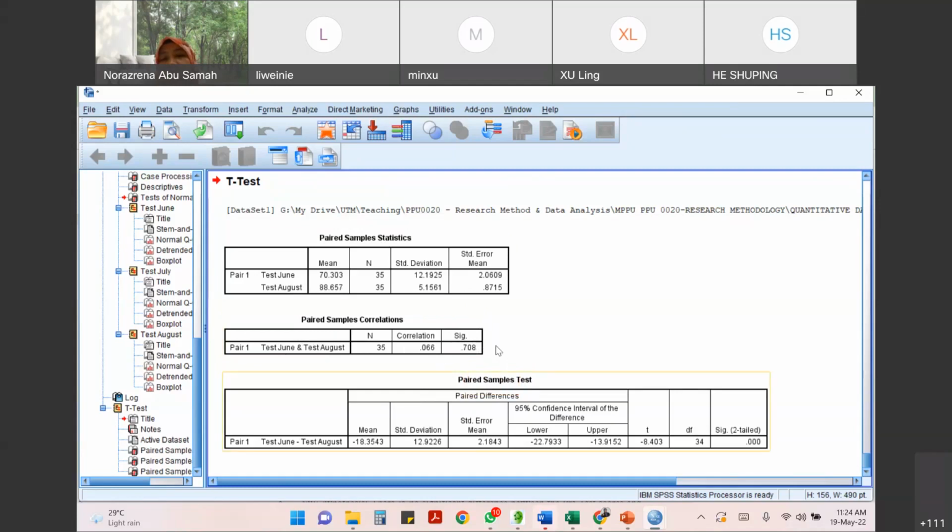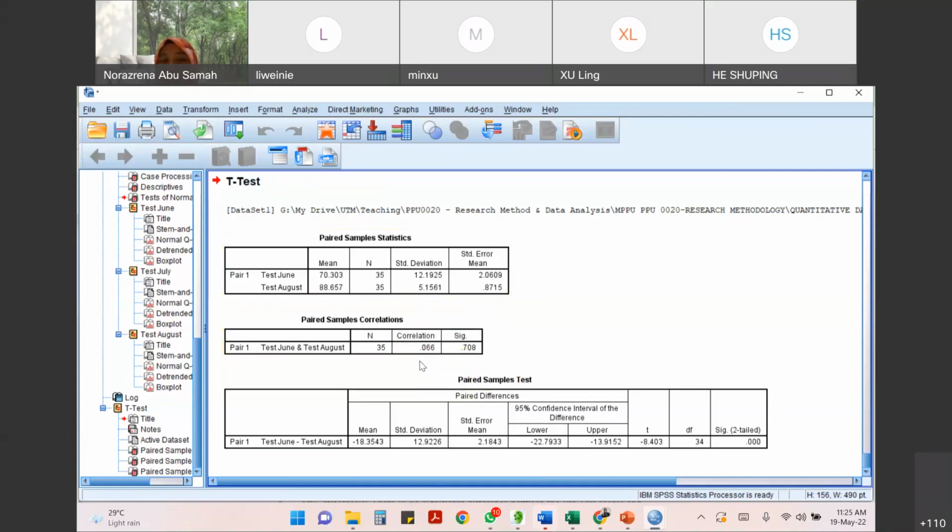If the significant value is greater than 0.05, like this example, it means there is no correlation. Then you don't have to look at the correlation value, no need. Just mention in your thesis that there is no correlation between the variables. However, if it is less than 0.05, you have to look at the correlation value here.